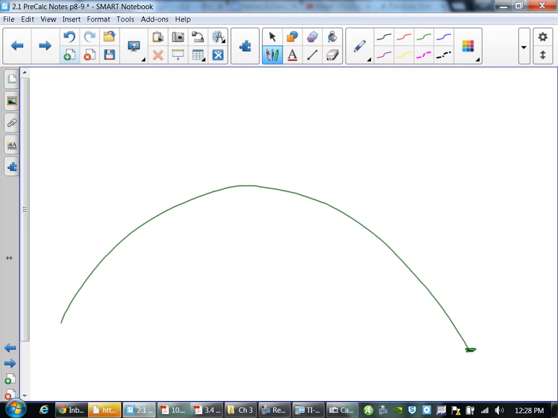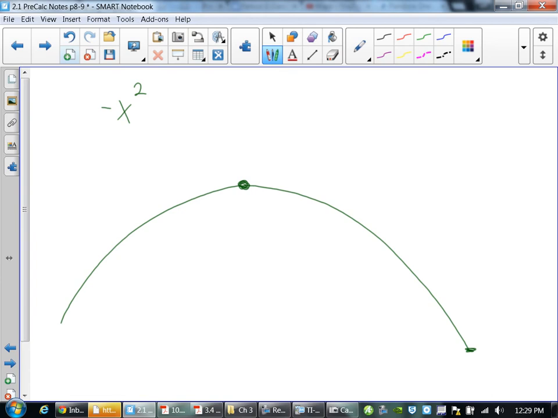Just by looking at that parabola, not knowing anything else, is it going to be a negative or a positive x squared? Why is it negative? It's down like a frown. So we know this has to be a negative x squared something. What would this point be called?